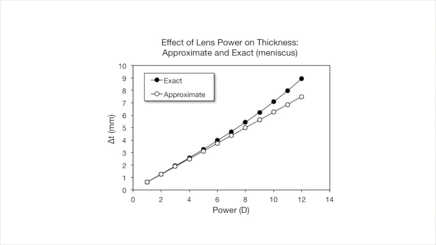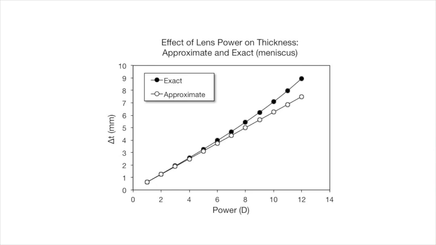So a linear relationship here, and of course if we have no lens power, we have no delta t, so it's implicit that if there's no power, there's no difference in lens thickness between the edge and the center of the lens. So of course, if we think about a 10 diopter lens, if it were a -10, that means the edge of the lens is going to be about 6 millimeters thicker than the center.